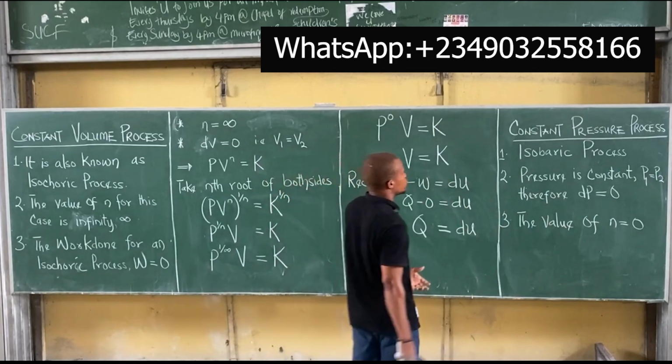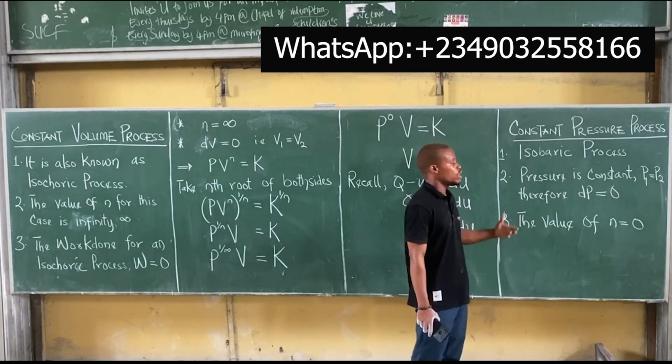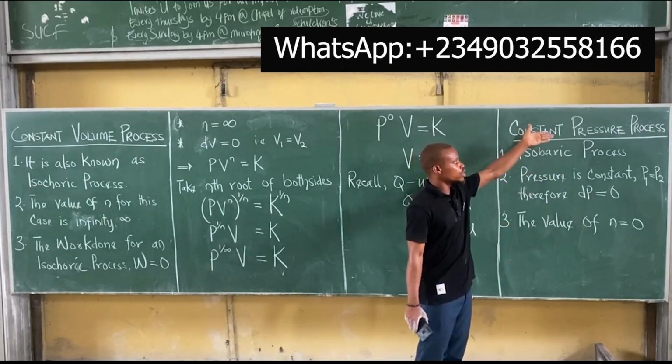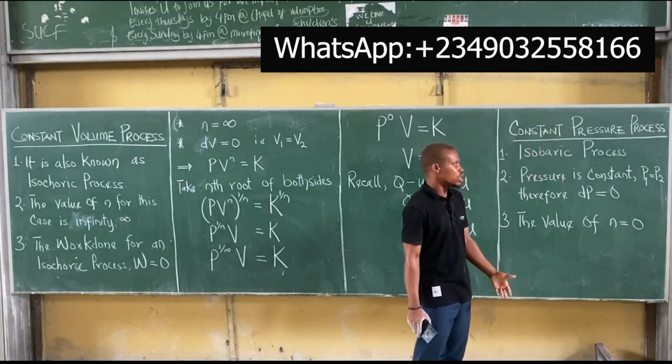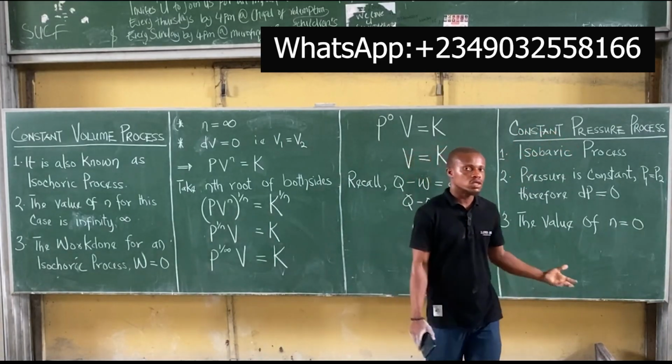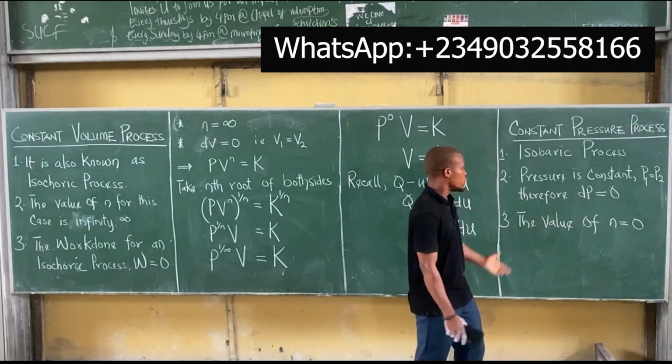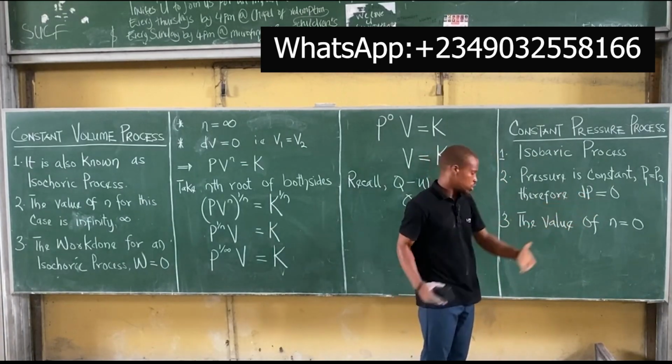For the constant pressure process, it is also known as isobaric process. The pressure for a constant pressure process is constant. That is, P1 is equal to P2. The change in pressure becomes 0. The value of n equals 0.